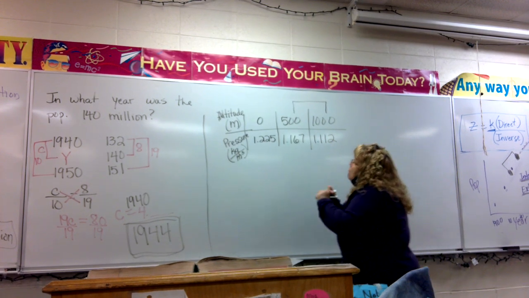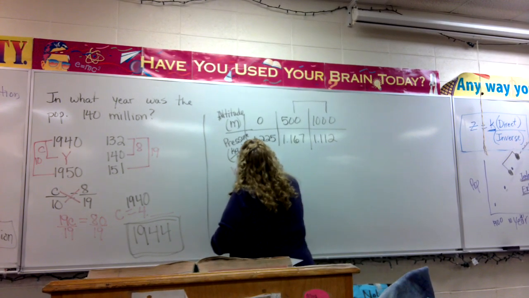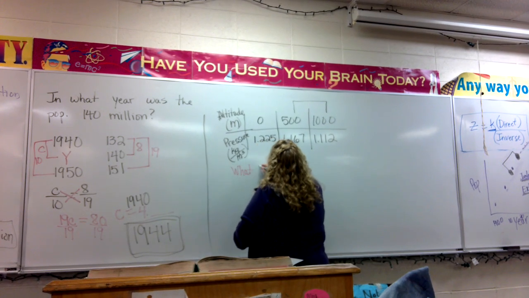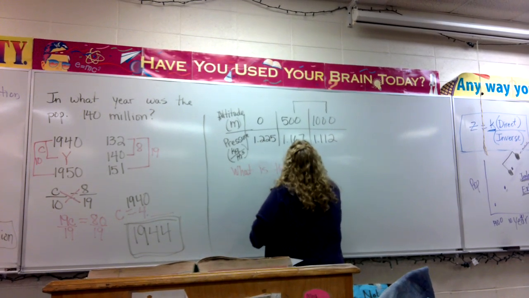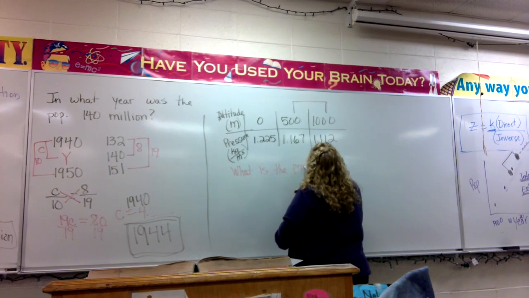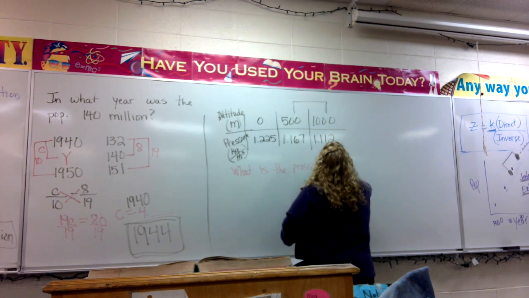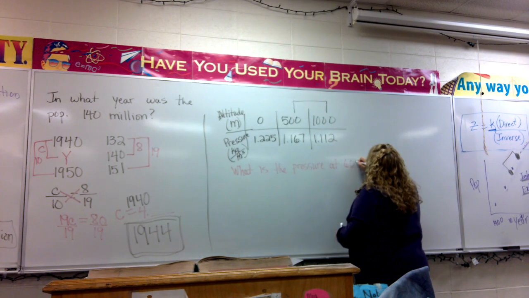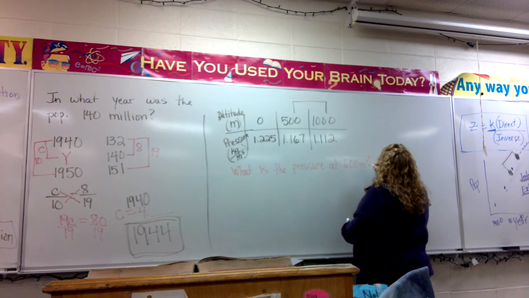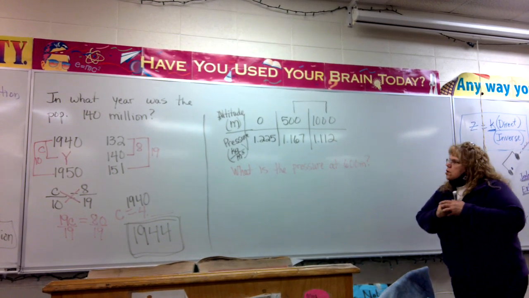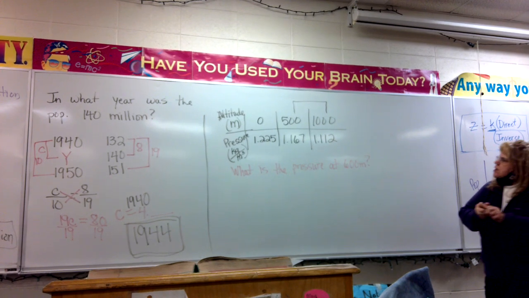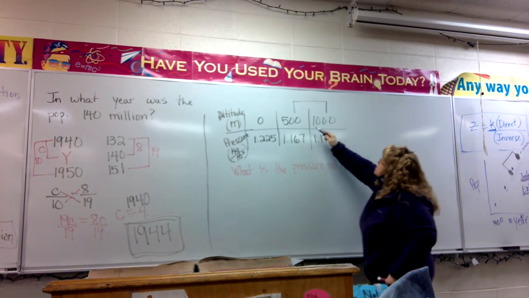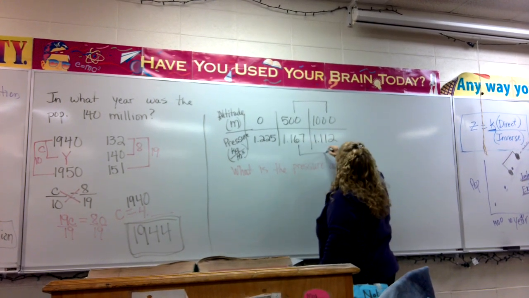So I want to know, for instance, what is the pressure at 600 meters? What is the pressure at 600? So that's going to be somewhere between these two, I think.